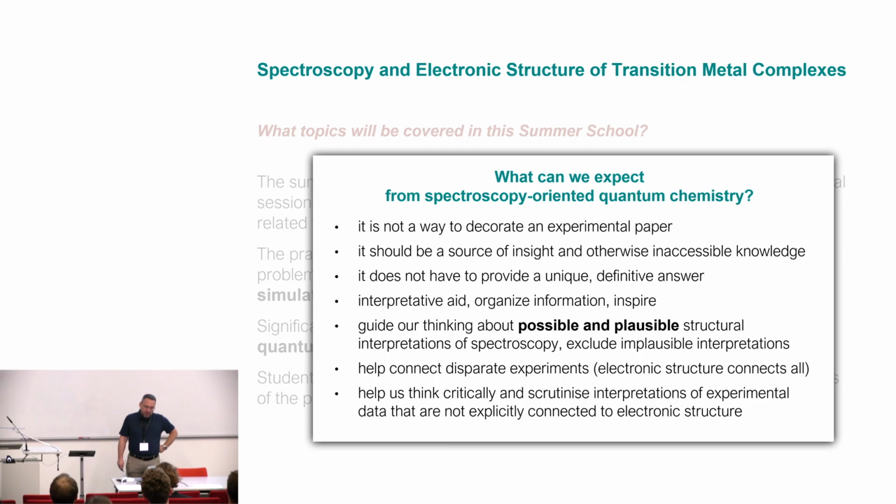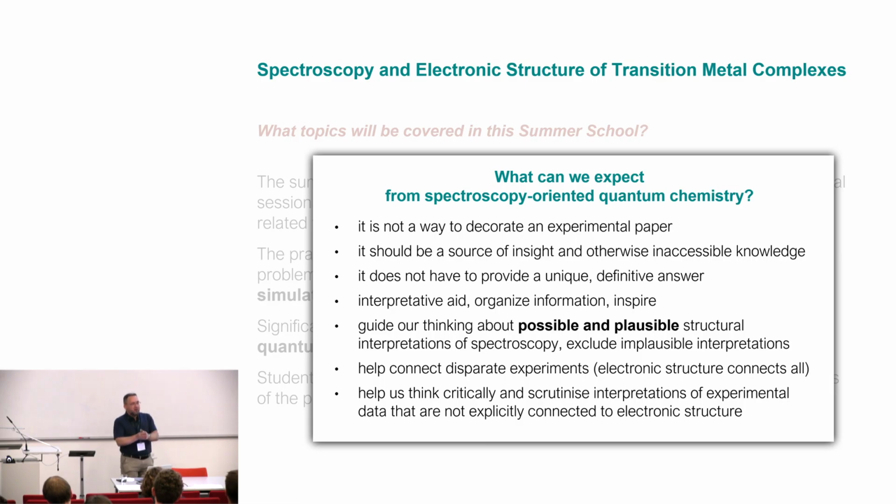So what can we expect? Just coming back to the original question: what can we expect from spectroscopy-oriented quantum chemistry? First of all, and that point came up, it should not be a way to decorate an experimental paper, because that's also pointless.